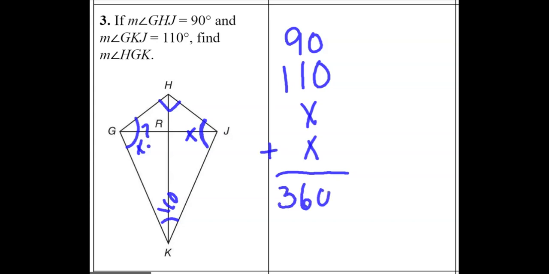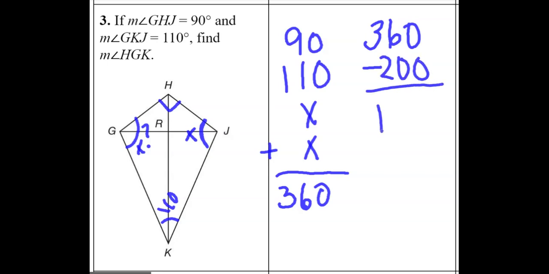So lots of ways you can do this. You can set up an equation. I'm not going to bother. I'm just going to take 360 and take away the sum of 90 and 110, which is 200. And that leaves me with 160. That means the two angles, G and J, have to share 160. So I'm just going to divide 160 by 2.